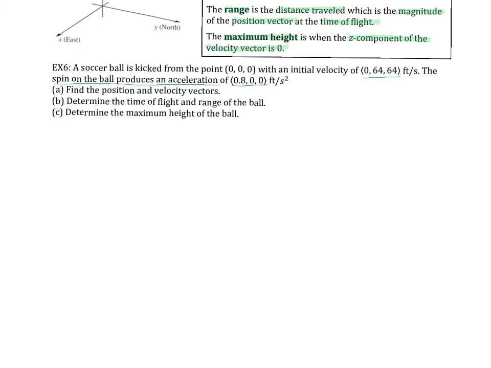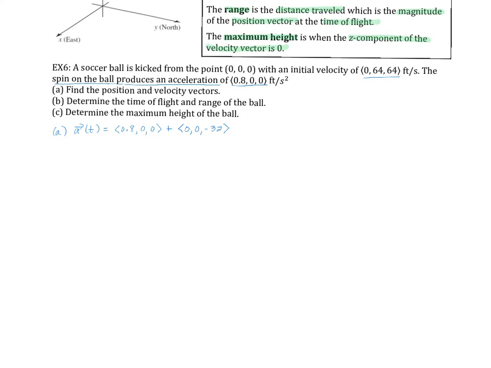Okay, part A says find the position and velocity vectors. Well, first of all, my acceleration vector is going to be the spin, which is the vector 0.8, 0, 0. And I'm going to add it to the force of gravity, which is the vector 0, 0, negative 32, since we're in feet.